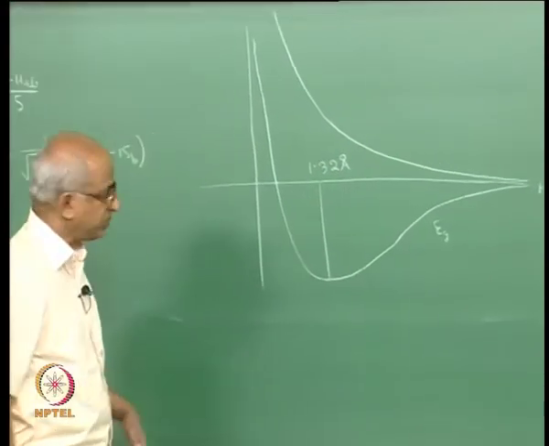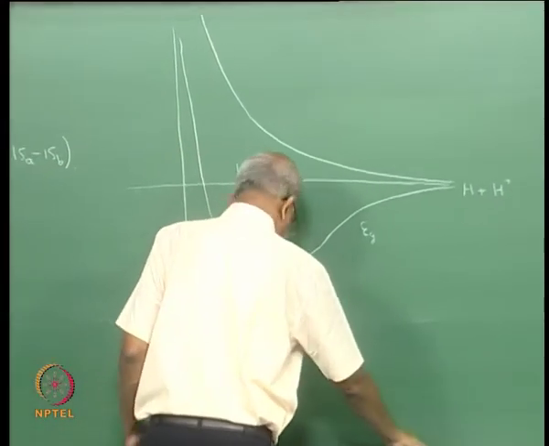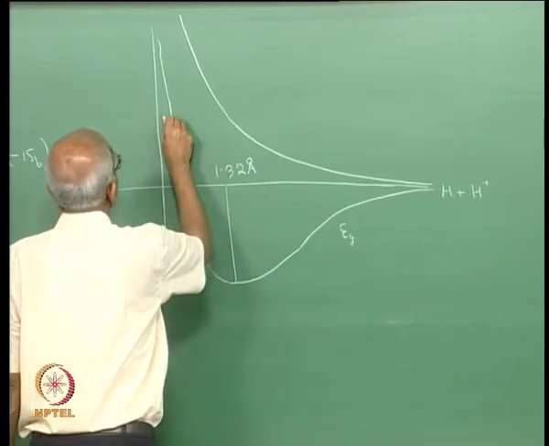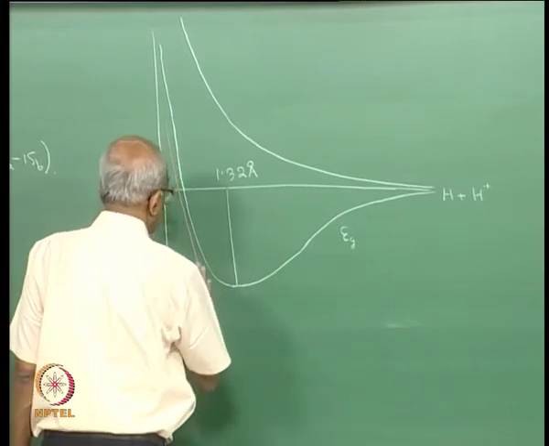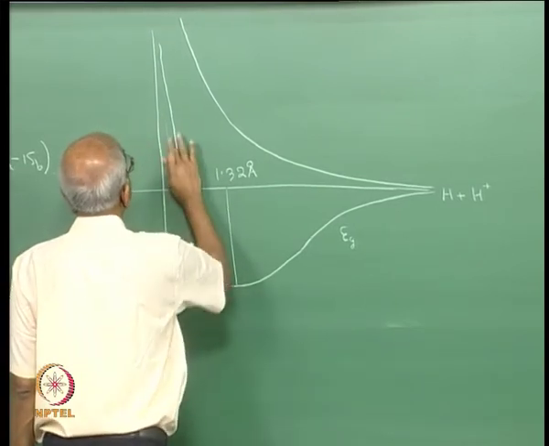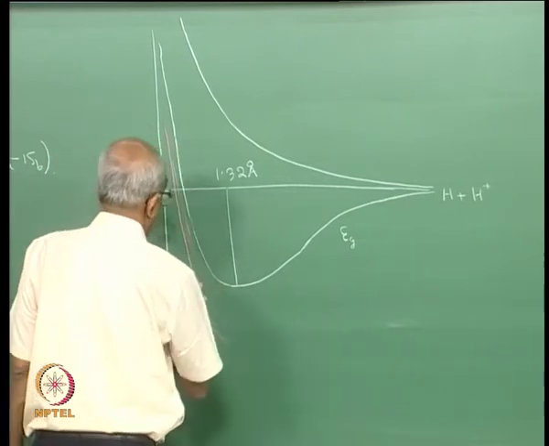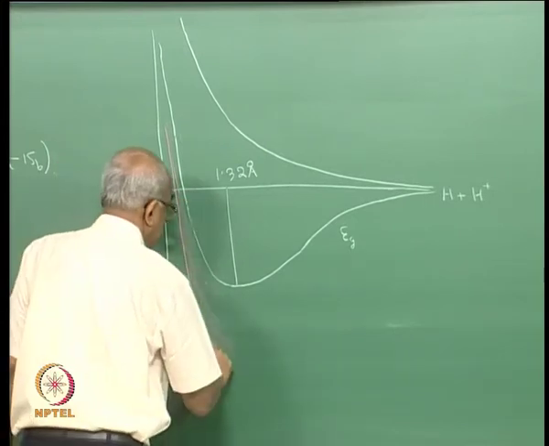Now, interestingly, it is possible to determine this curve experimentally, and if you did that, the curve would look something like this. Well, actually it is much steeper, something like that.